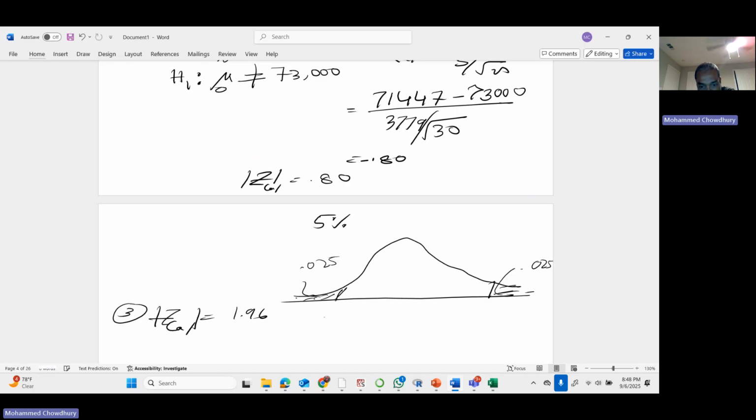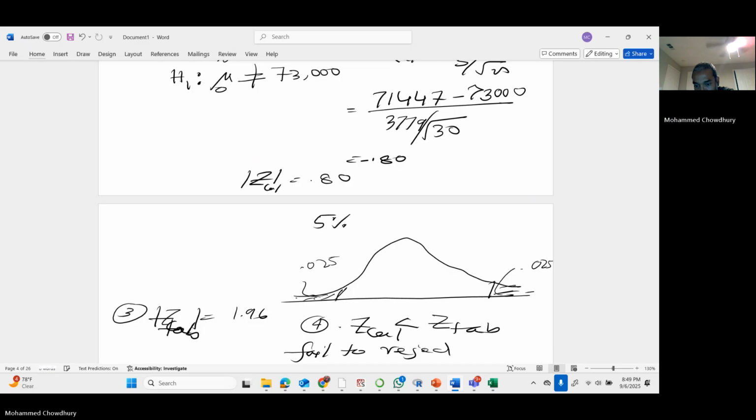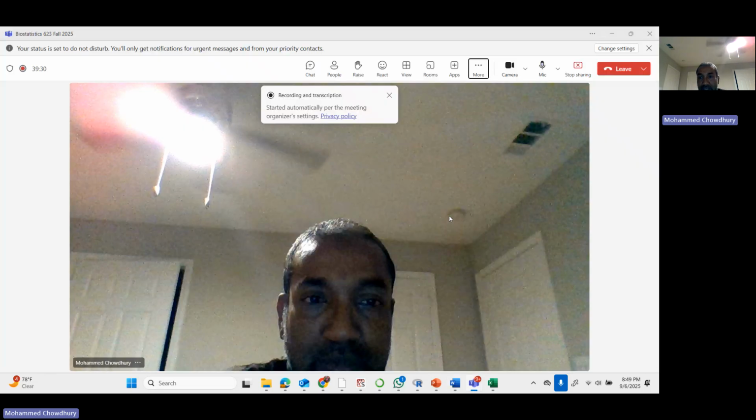Now at the fourth step, you see z cal is less than z tab, the table value. Since z cal is less than z tab, we fail to reject the null hypothesis. So that is the way a test of hypothesis should be conducted and finished.